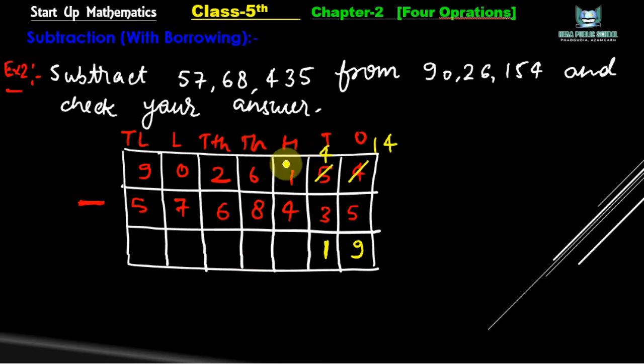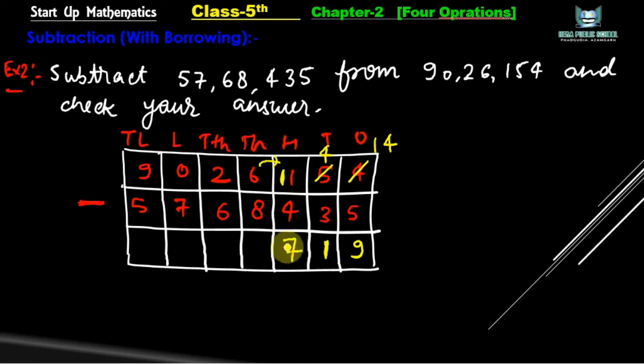In the hundreds place we get 1 as minuend and 4 as subtrahend. So 1 is less than 4, so we cannot subtract 4 from 1. So we need a borrow. So we'll take 1 borrow and now it will become 11. So 11 minus 4 is equal to 7.